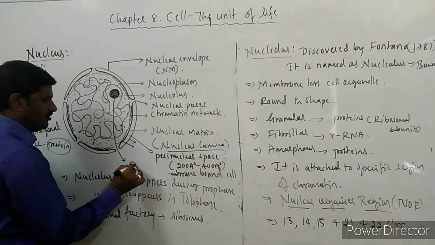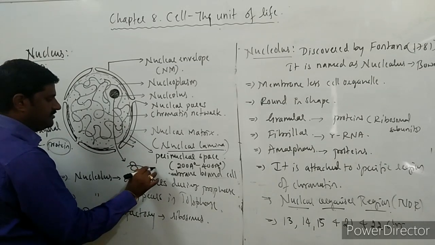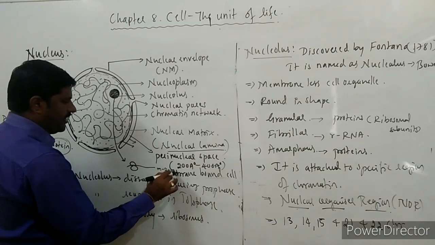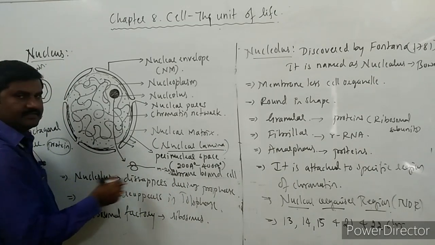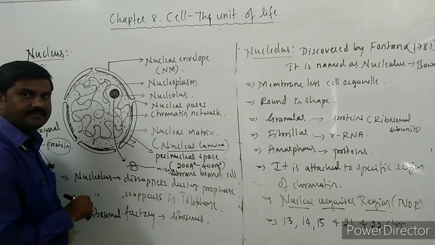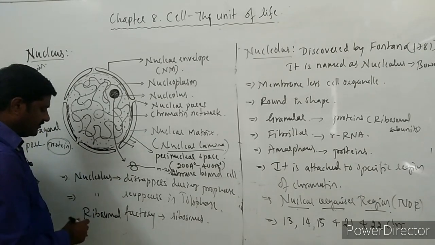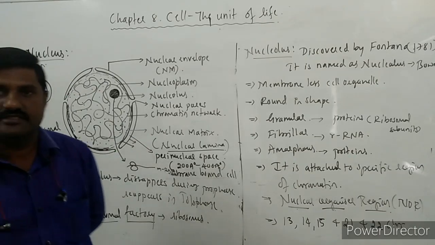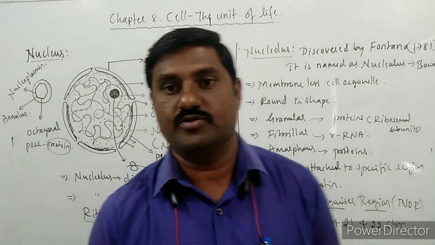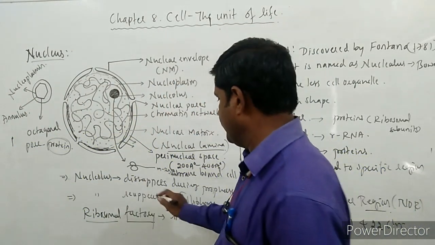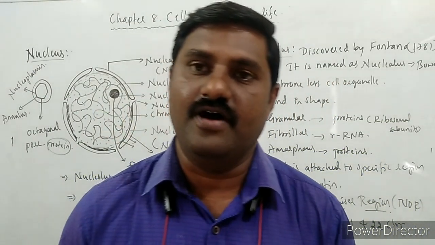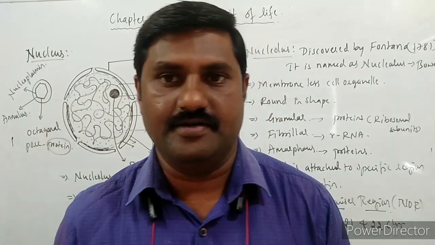The ribosomes help in protein synthesis by binding with the mRNA and they synthesize the proteins required for the cell itself, right? That is why these are commonly known as ribosomal factories, because they help in the synthesis of ribosomes. This is the most important point to be noted here. It is most important for the NEET examination even, right?